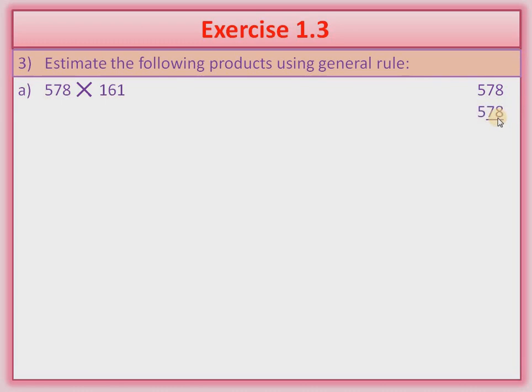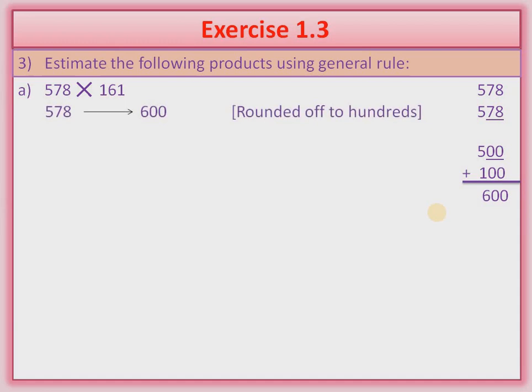Okay, then what we have to do next, we will write 0 0. Okay, then find the estimated value of 78 is equal to 100. Okay, so we will add 100. The answer should be 600 only. Okay, so 578 is rounding off 100 is equal to 600.